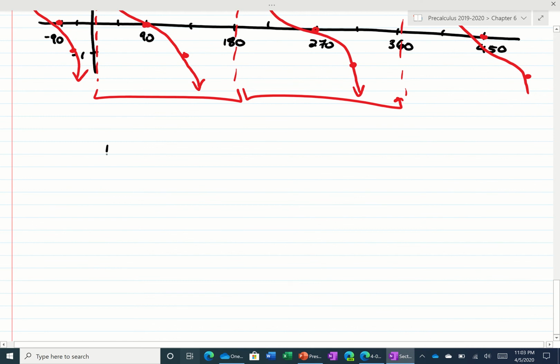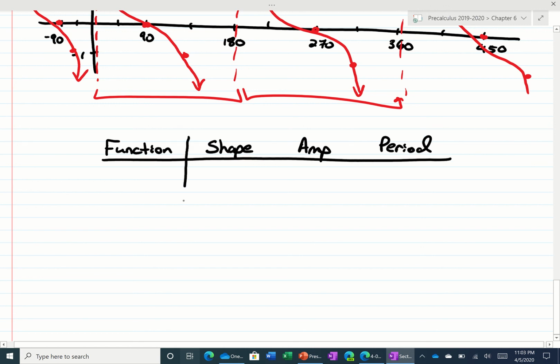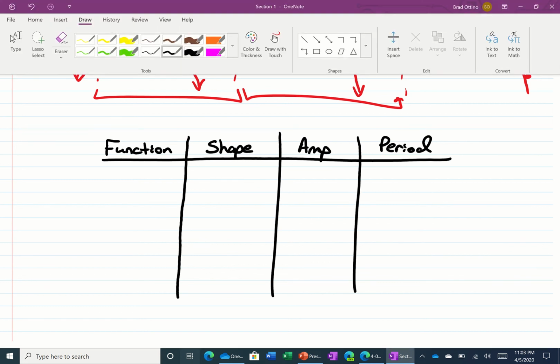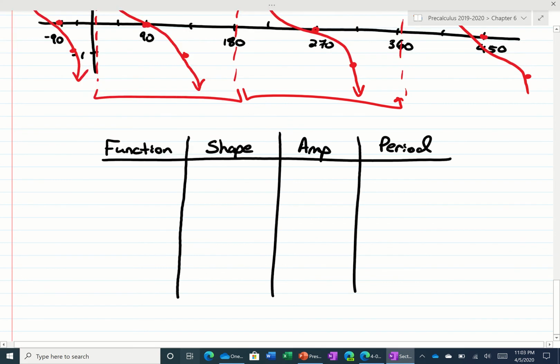What I want to do is I'll make a little table with the function, the shape, the amplitude, and the period. Okay. First, we'll group the similar ones.